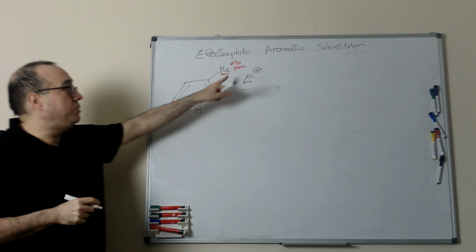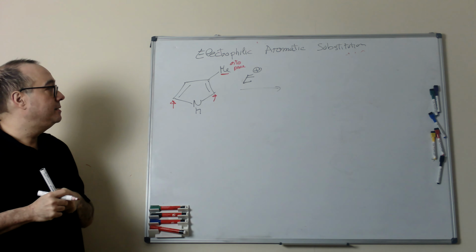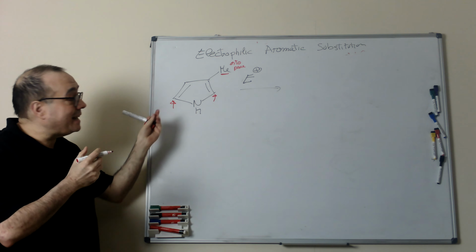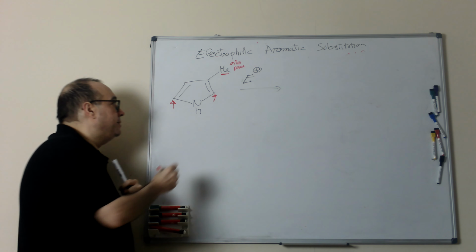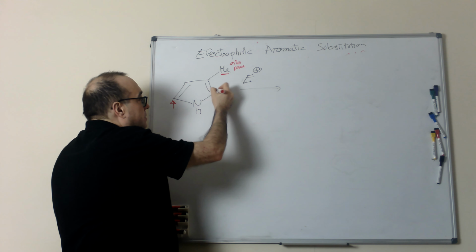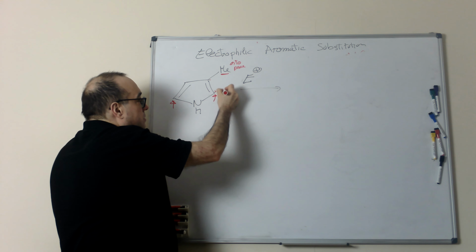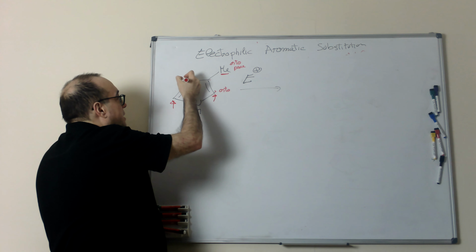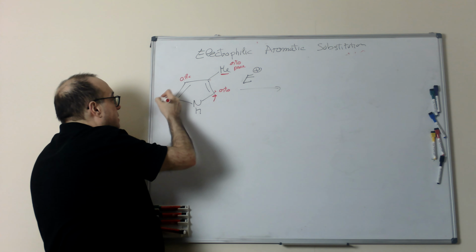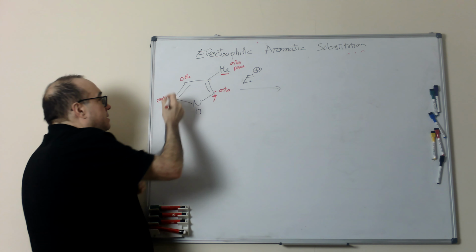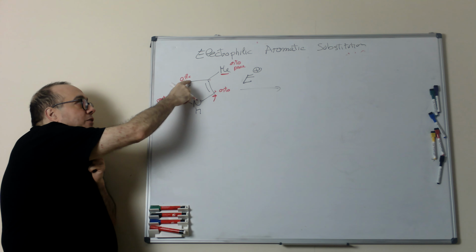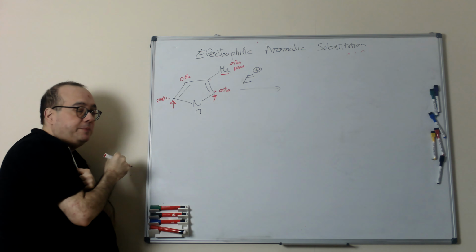Good. Then if it's orientating ortho para, we do exactly the same with the 5-member ring. Here is ortho, this position is ortho, this position is meta, isn't it? That means one far away ortho, two far away meta.